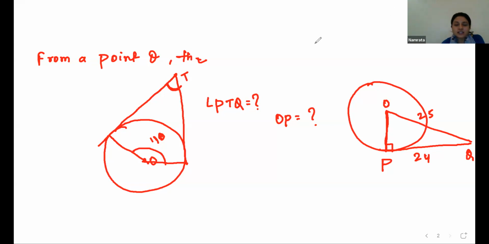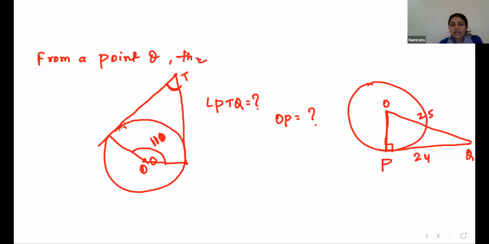Okay, let's continue the discussion. So here we have to find angle PTQ in the given figure. Here we have a center O. Can you see the screen? Am I audible to both of you? Yes, ma'am.